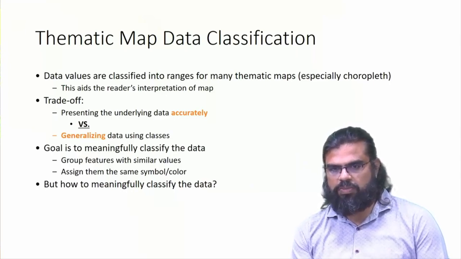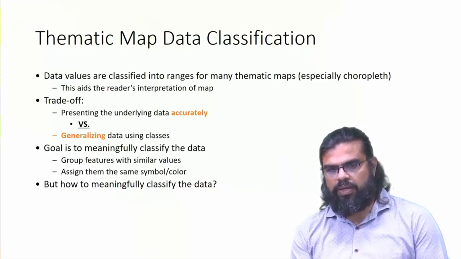So all this grouping is done based on the trade-off: do you want to maintain the individual data values, or do you want to go for generalization and group them together?